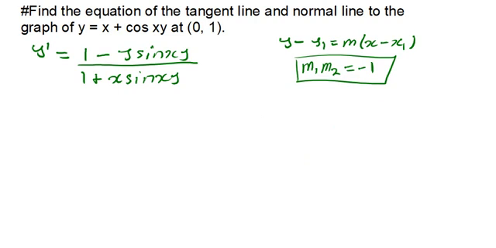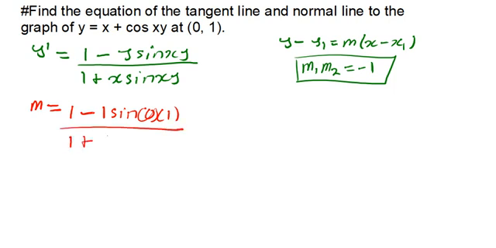So we need to find the gradient from this. My m equals 1 minus my value of y, which is 1, times sine of my x, which is 0, multiplied by my y, which is 1, divided by 1 plus my x, which is 0, times sine 0 multiplied by 1.